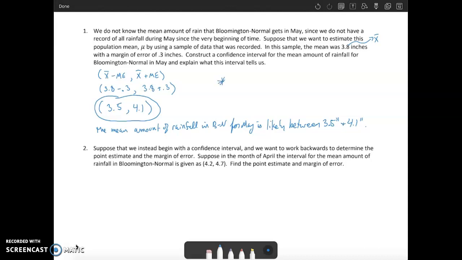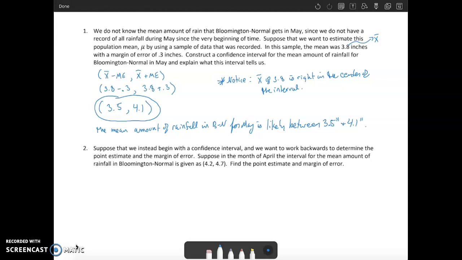And just as a special note here, notice that the X bar value, the sample mean of 3.8, is right in the center of the interval. That always is the case.